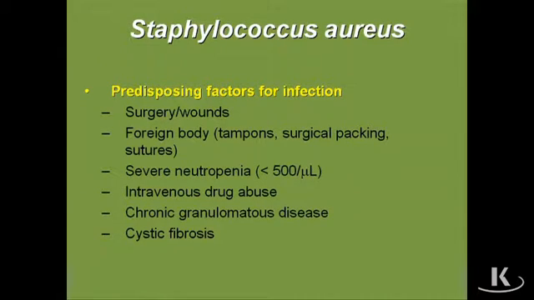Okay, some of the other things listed here, neutropenia and IV drug abuse, we'll talk about in a little bit. Chronic granulomatous disease, we're going to talk about more specifically with the immunology, but what I'm going to tell you now is that patients with CGD have frequent and recurrent infections with catalase-positive bacteria.